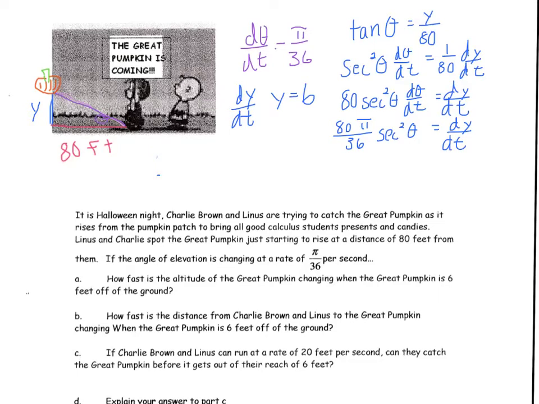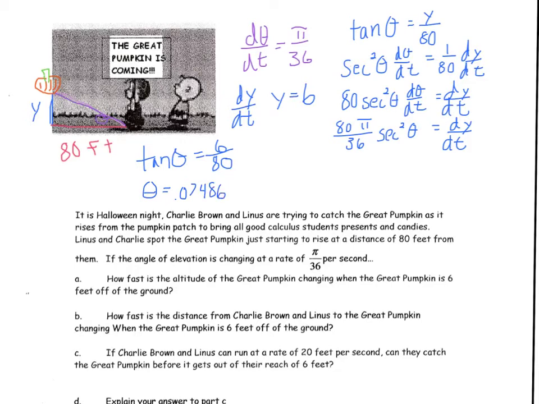So we can say that tan theta equals 6 over 80. And then I can just take the inverse tangent of that. So theta equals 0.07486.